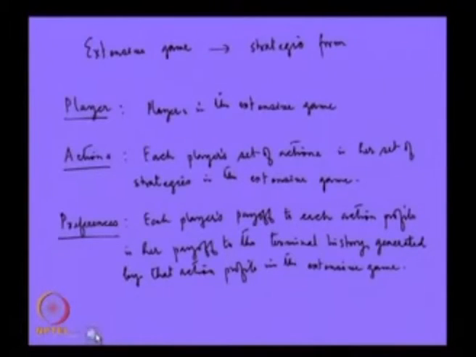So, let me give you an example. Let us take that entry game once again and find out the Nash equilibrium of this game. Remember how this game looked. This is the challenger. Either he gets in or he keeps out.